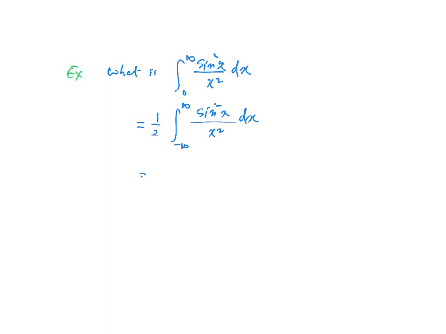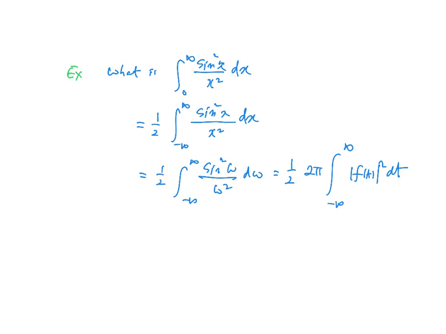And you can just change your variable, omega square, sine square omega d omega. Then you can see that you can use Parseval's theorem, right? So it's 1/2 times 2 pi times that function. So that is actually pi over 2.